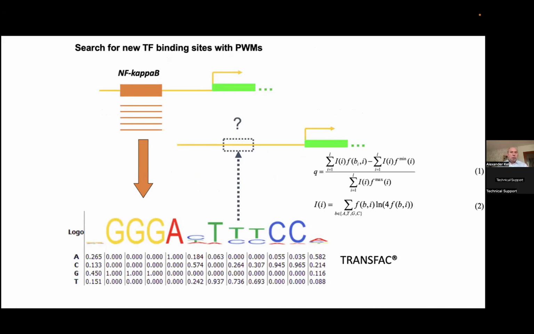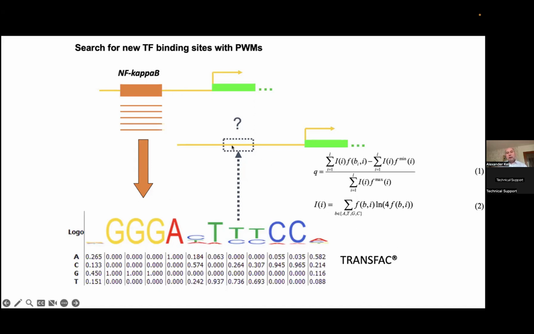This could be known regulatory sequences like promoters of genes, or known enhancers of a given gene, or maybe unknown ones. For instance, you may have a hypothesis that around the gene, in upstream regions, in 3' regions, maybe in introns, you can have regulatory regions. So we use these positional weight matrices to search for the binding sites.